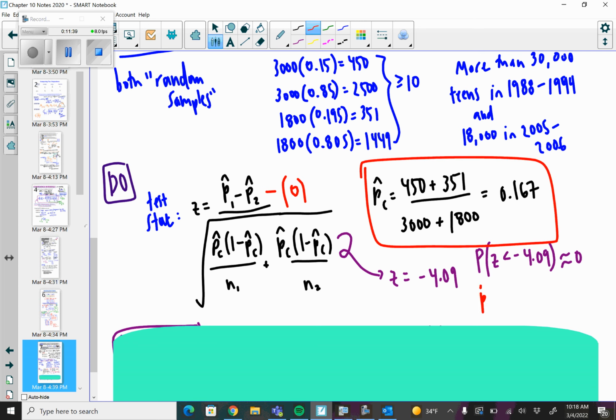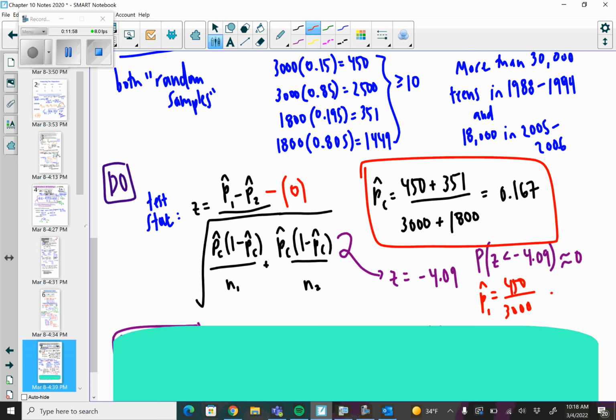P hat 1 was the 1980s. So we're looking at the 450 out of 3,000, which was that 15%.